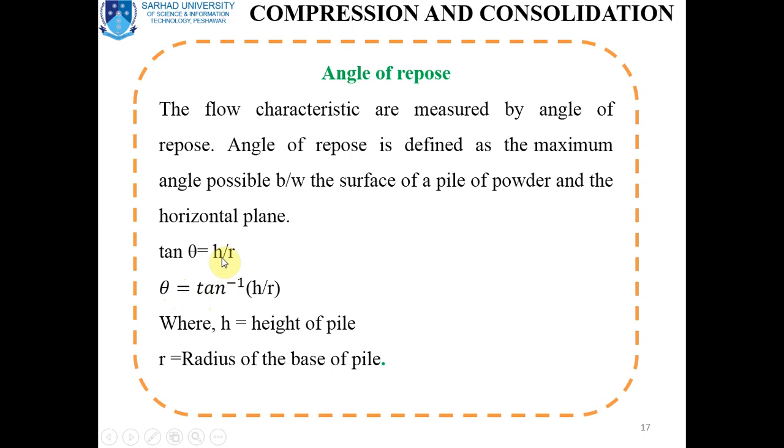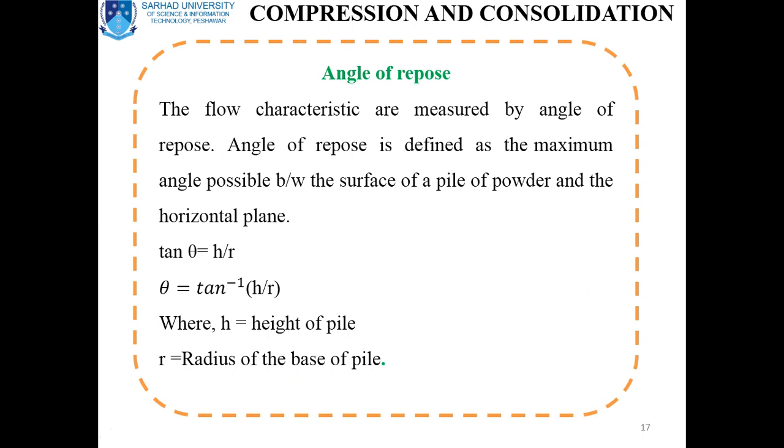Theta is equal to tangent inverse of h by r. Remember that h is the height of the pile and r is the radius of the base of the pile.